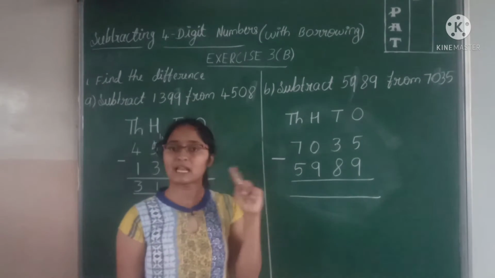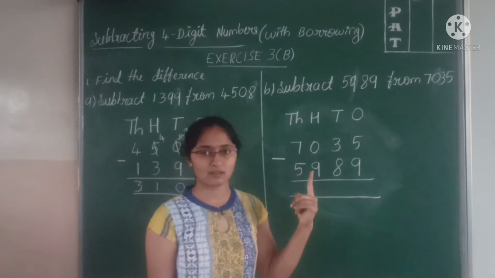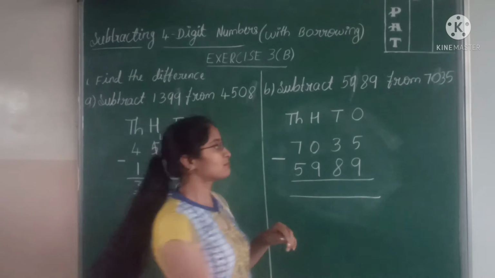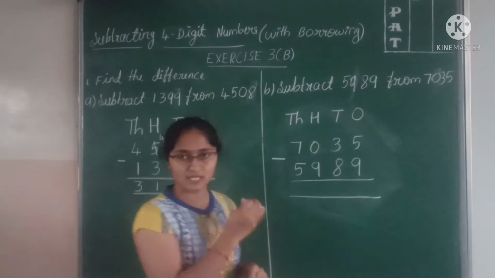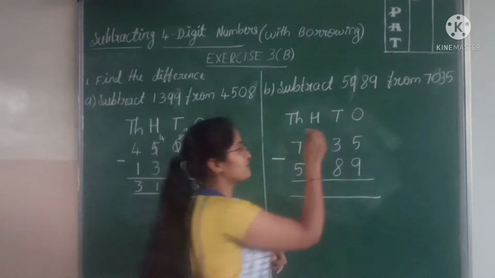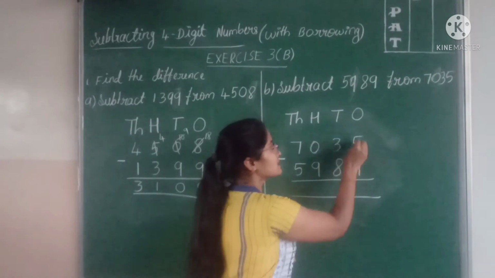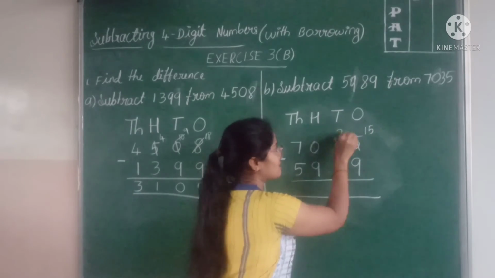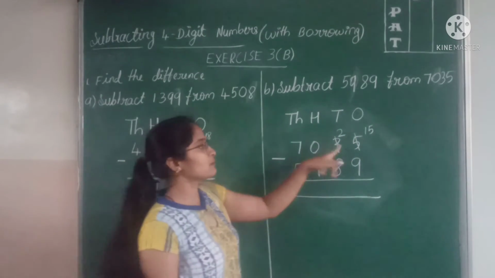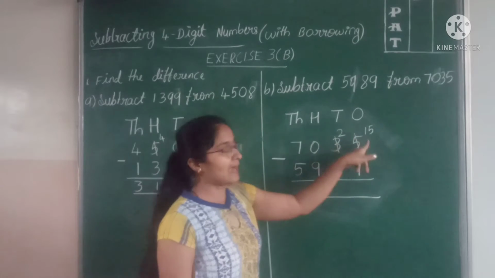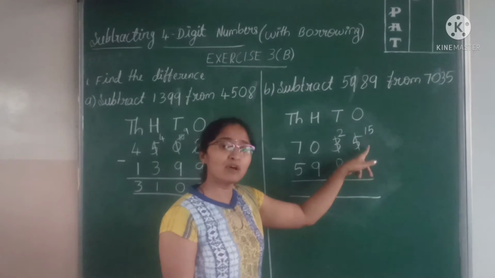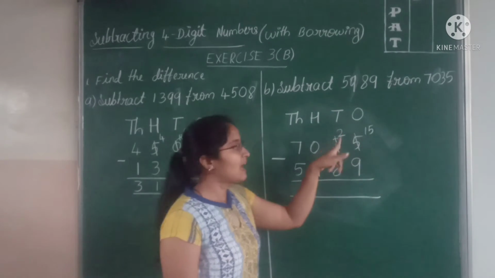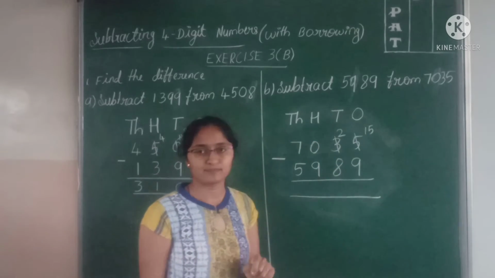We cannot subtract bigger number from smaller number. So what we can do? We can borrow from 3 now, that is from tens place. When we borrow from tens place, this 5 will become 15 and this 3 will become 2, because we removed 1 ten from this and added to this 5.